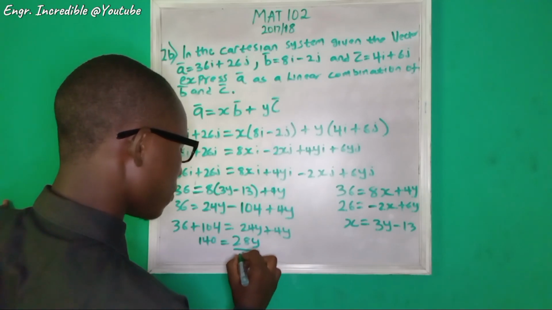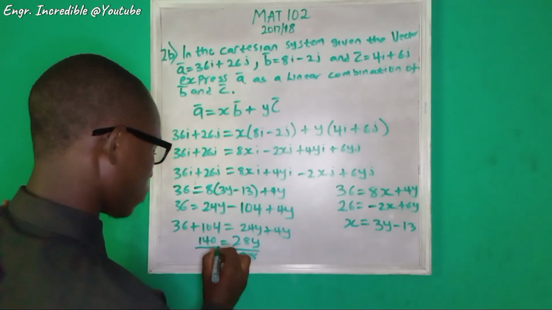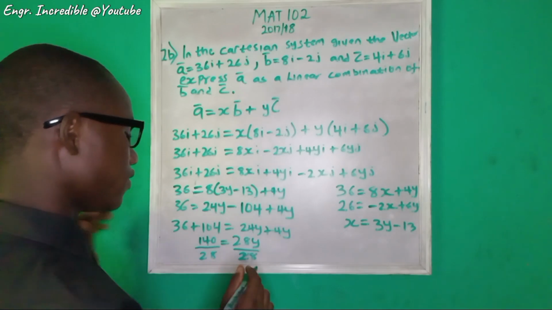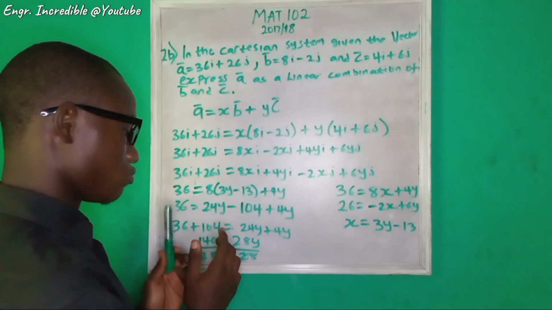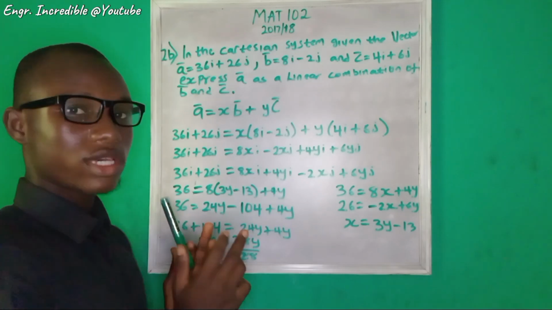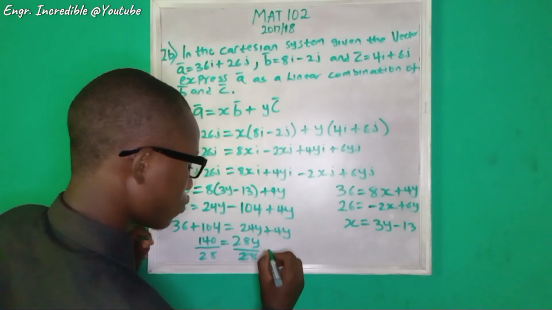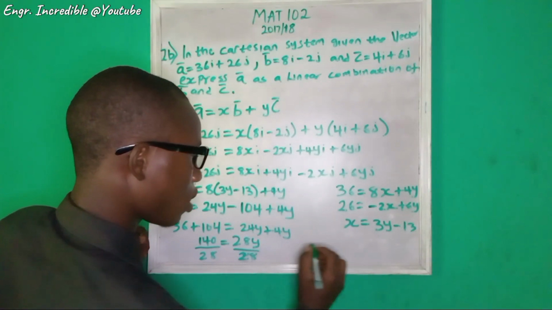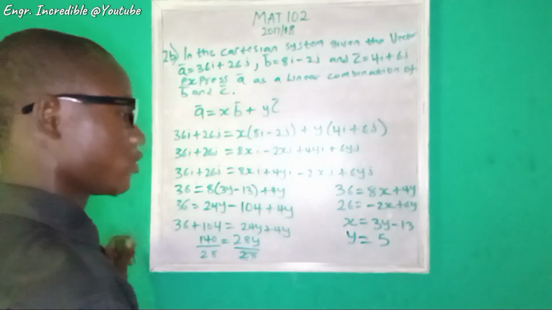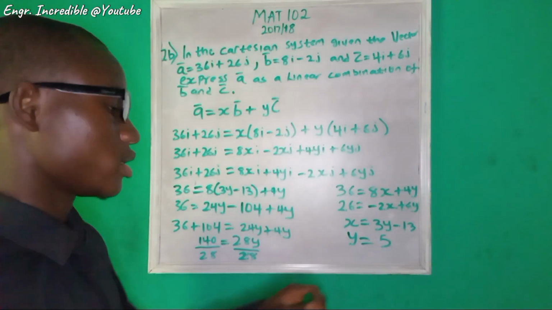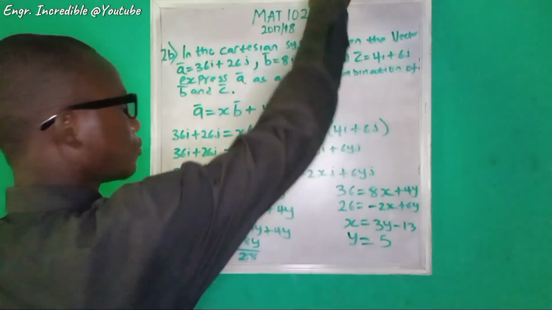If we divide both sides by 28, we are going to get 5. That means our y here equals 5. So now we have gotten our y equals 5.